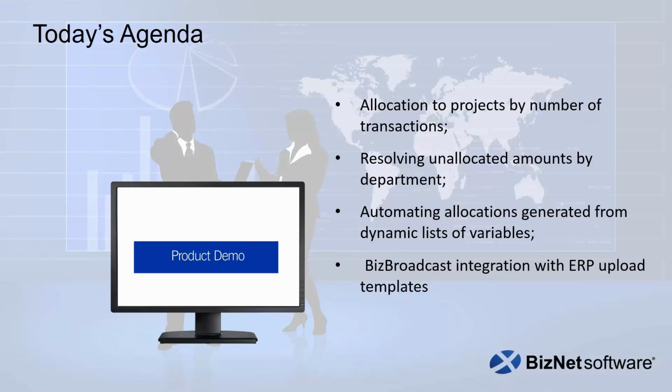Now, at BizNet, we've built our business on financial reporting, and in financial reporting you generally have static rows and static columns. The static rows are the accounts and the static columns are current month, previous month, year to date, things that can be pretty easily automated. But allocations are often not static.